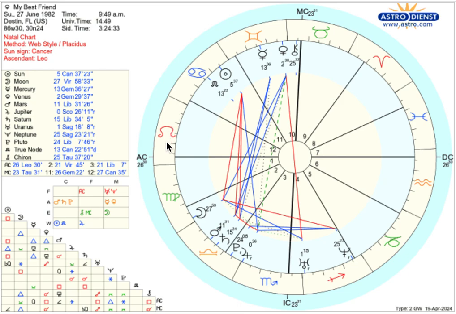If you want to know what symbol each of these signs is, we have a PDF in Astro Geeks that you can download, and it'll show what each of the symbols of the signs are.